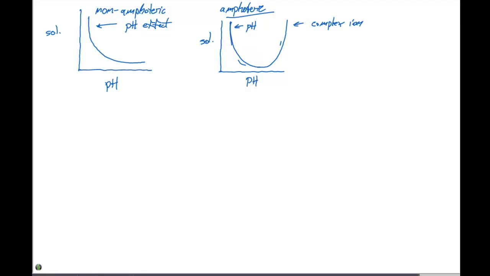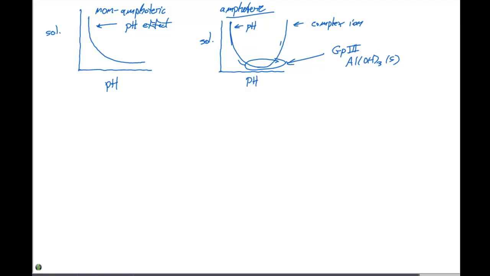If we want it to be a solid, we want the solubility to be very, very low. So we would want to be in this part of the curve right here. So in our group 3 analysis, we want the Al(OH)3 to be right in this particular pH range. If the pH goes dramatically lower or higher, that aluminum hydroxide will dissolve.